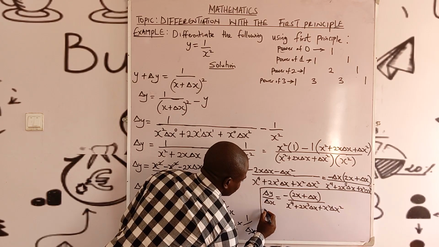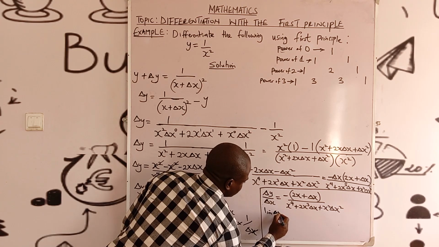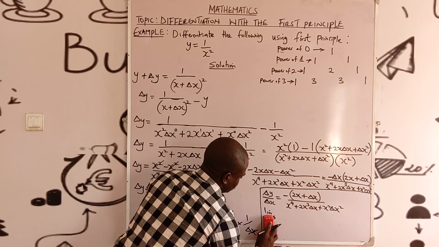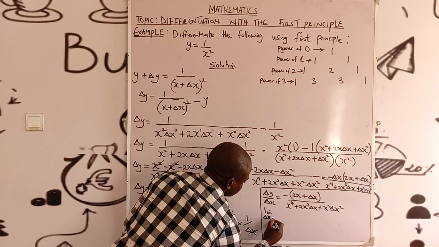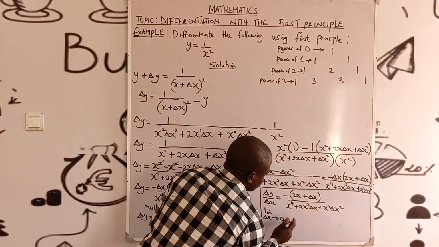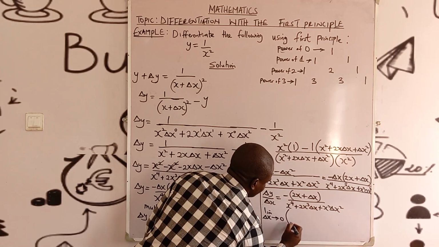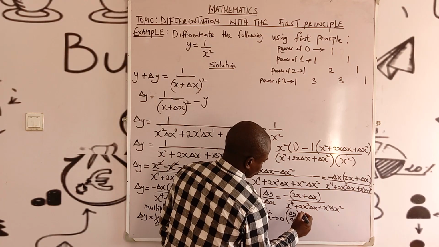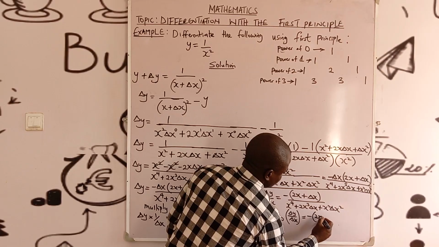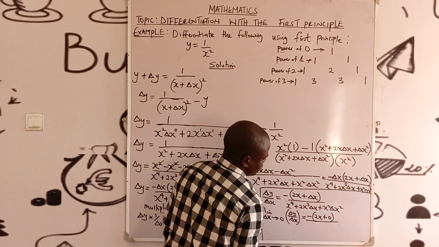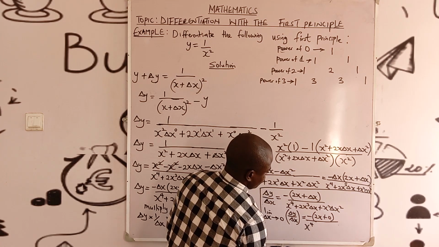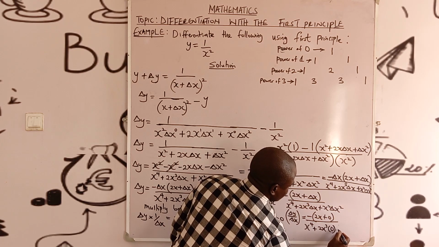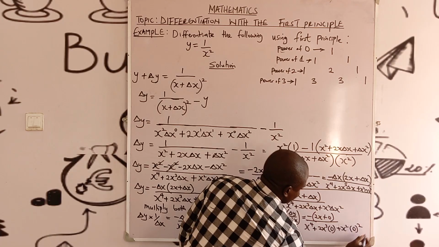Limits: the limit as dx tends to 0. Anywhere you now see dx, you put 0 there, of dy over dx, which is equal to minus bracket 2x plus 0 over x raised to power 4 plus 2x raised to power 3 bracket 0 plus x squared 0 squared.